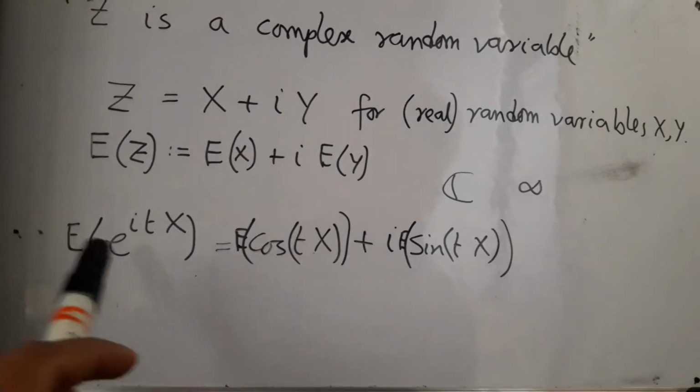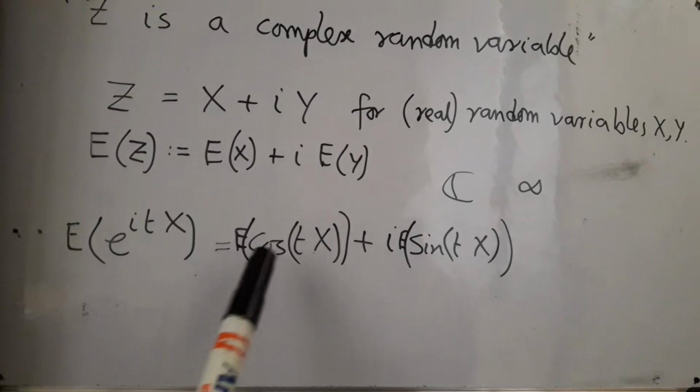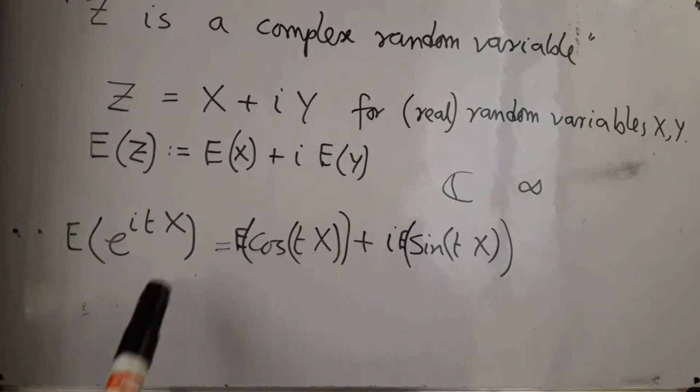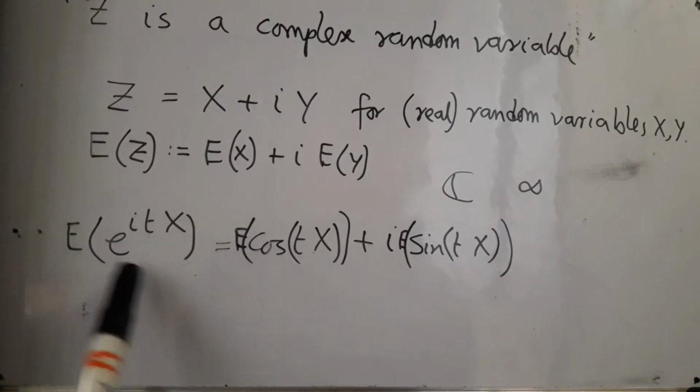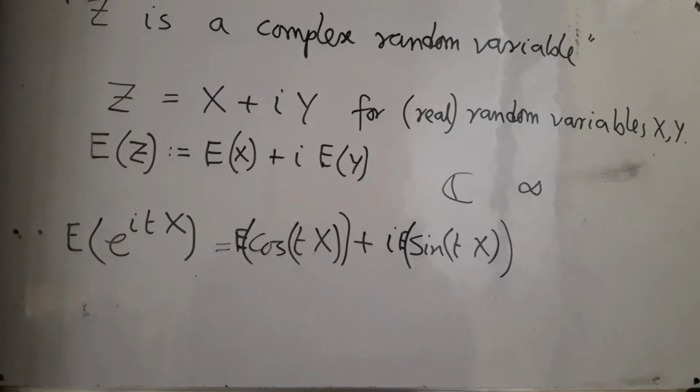Now when you want to compute this for any given x, it is not usually convenient to find this expectation and this expectation separately. It is better to do calculus directly with this complex thing. So let's learn a little bit about complex integration and differentiation.